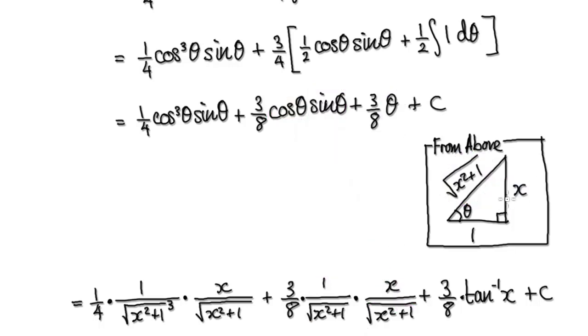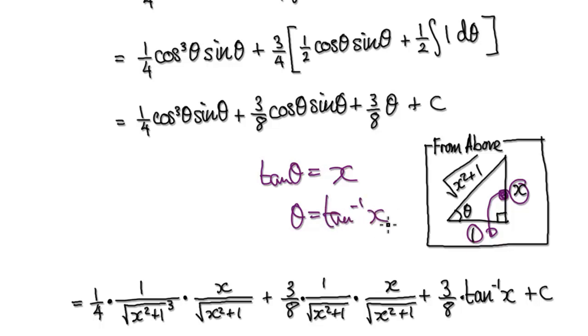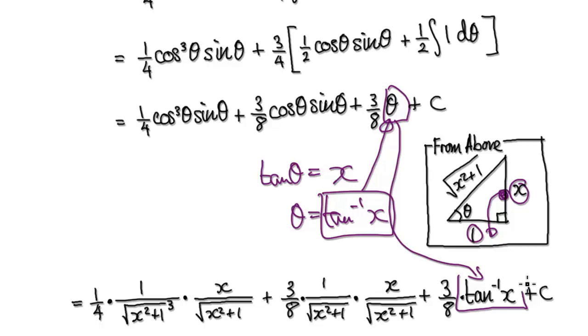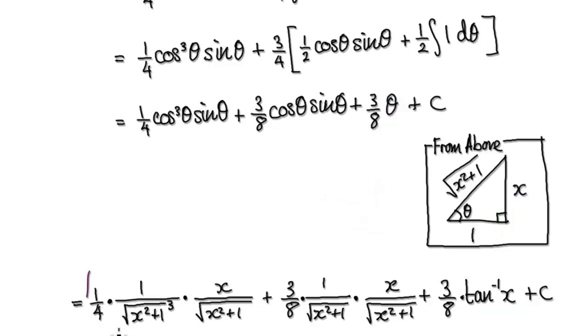If you look at this, tan theta equals opposite over adjacent. That would be this. So if you want theta, apply inverse tan to both sides. That will give you this. So theta is this theta here. We can put this into this theta. That will then take us to here.